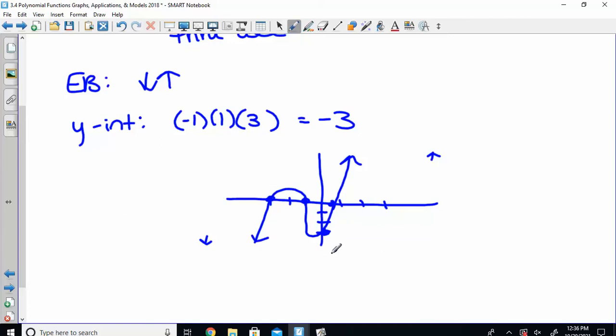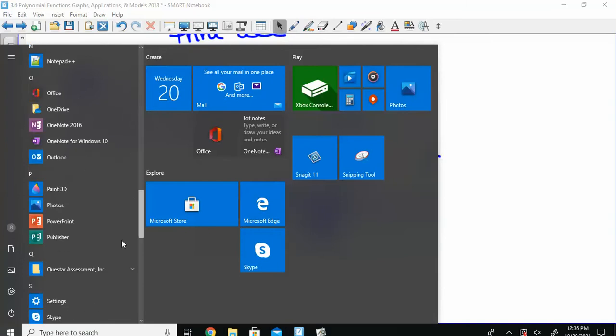Now, is this graph perfect? No. What is perfect about it? What's accurate here? The points. The x and y intercepts are great.